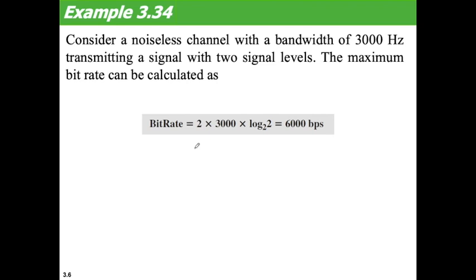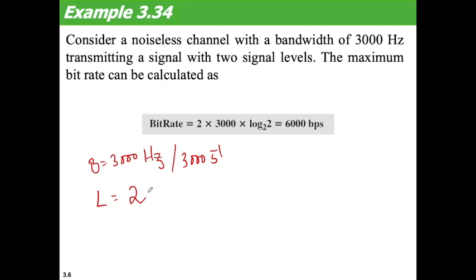Here in this example 3.34, we are considering a noiseless channel with a bandwidth of 3000 Hertz. Okay, so let's write the information here. We have bandwidth, which is 3000 Hertz, or we can say 3000 per second, right? Now the signal level is 2. That means the number of levels is actually 2.